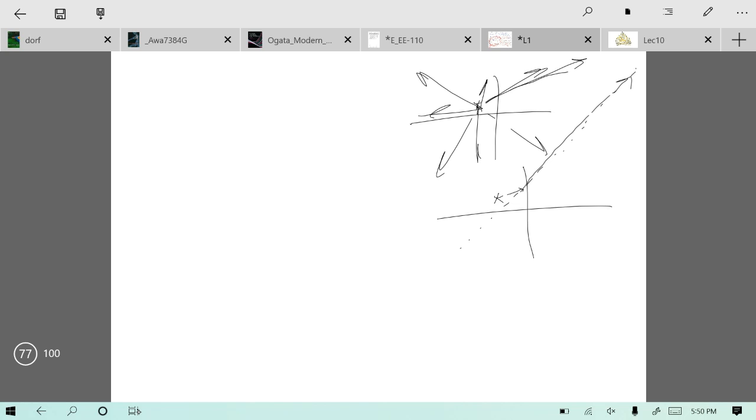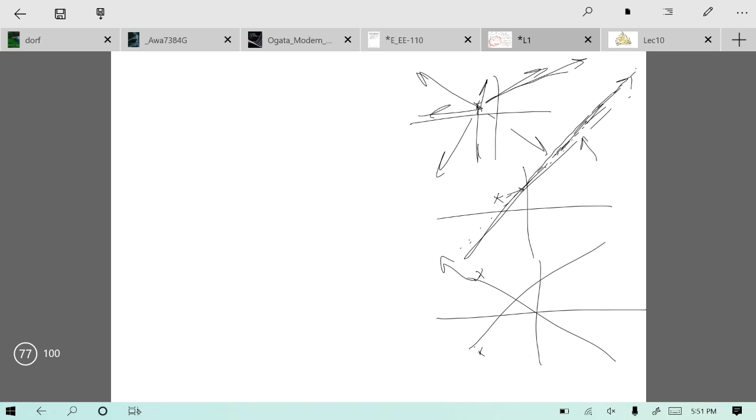If I know the angle of asymptotes and the center of asymptotes, or in layman's terms, if I know where this line is, I can draw a motorway till infinity. So let's suppose I have drawn these two motorways going to infinity, and there is a pole over here and a pole over here. This pole will follow this motorway to go to infinity, and this pole will follow this motorway.